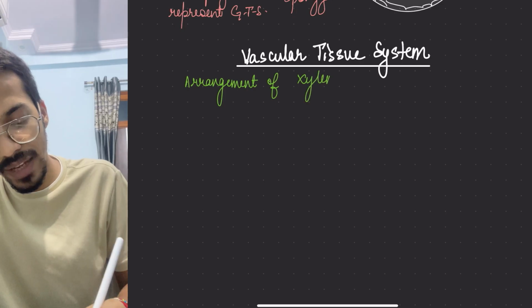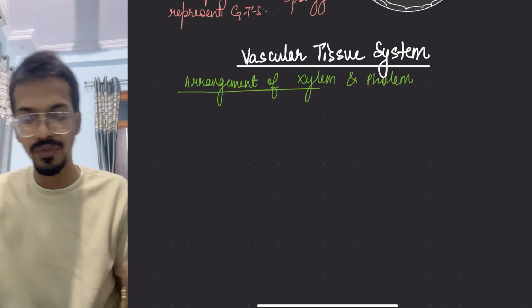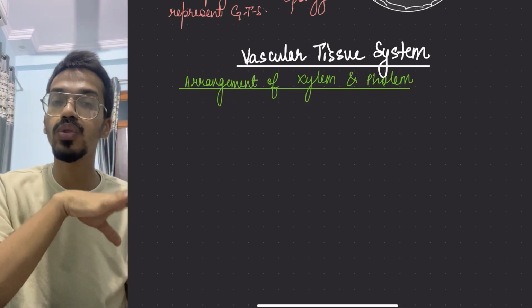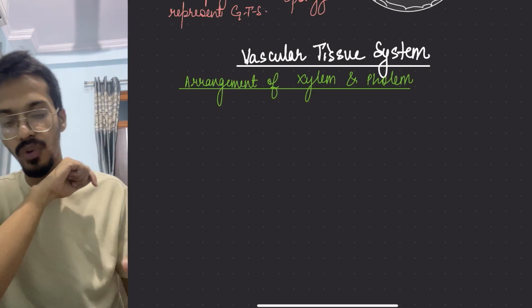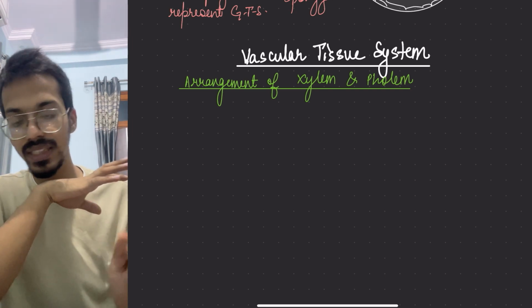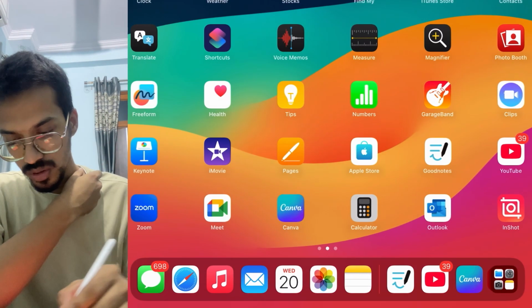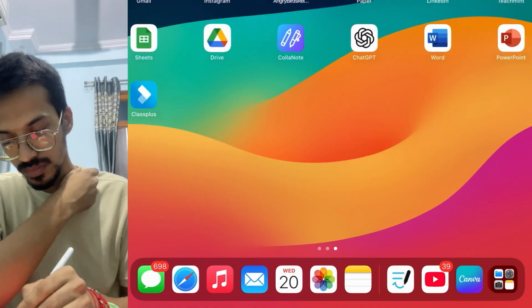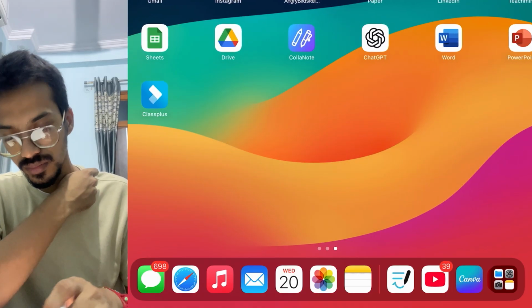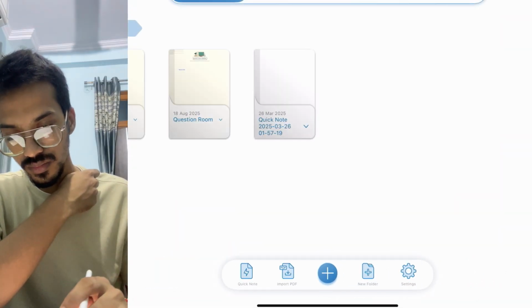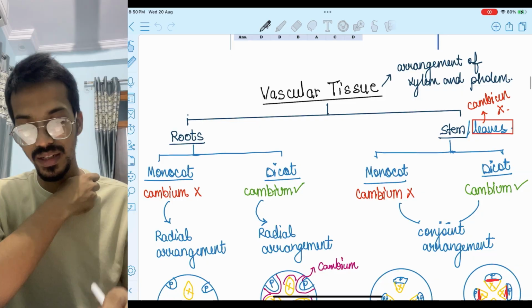Whatever we have studied, we are going to arrange it over here. If you remember, we have even studied protoxylem and metaxylem, which are part of the primary xylem, and the secondary xylem forms later on. Let's see what's happening over here. So I'm just going to the different notes. So this is the vascular bundle, if you see over here.